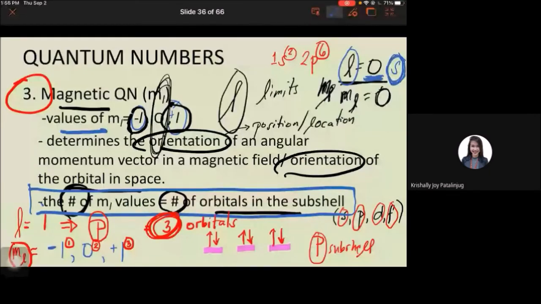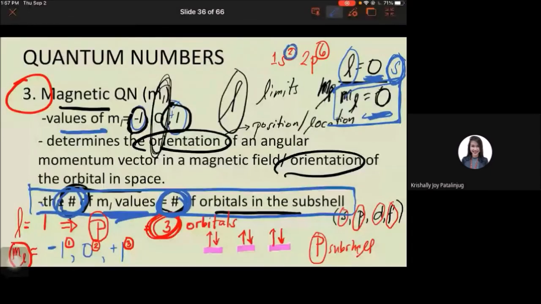Very good. 1 lang. Kasi nga, yung M sub L na nakuha mo, isang value lang. Whatever the number of M sub L values na nakuha mo, that is equivalent to the number of orbital. So, sa isang s subshell, isa lang yung orbital.